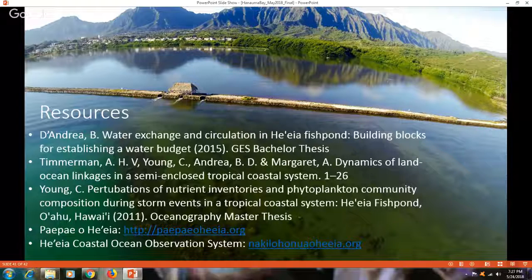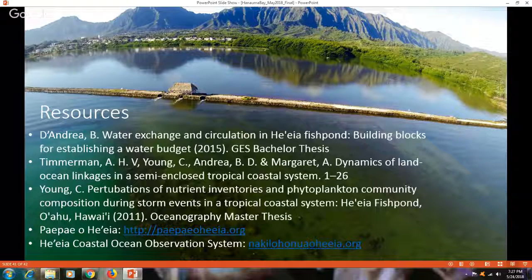And there was a question: do you have any plans to remove the sediment that was from the mangroves in there? That's a really good question. I don't know. I think that would be beneficial potentially because these sediments do take up a lot of space, but I'm not sure if there's right now any concrete plans in place to do that.